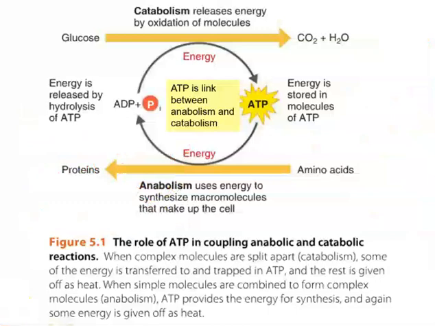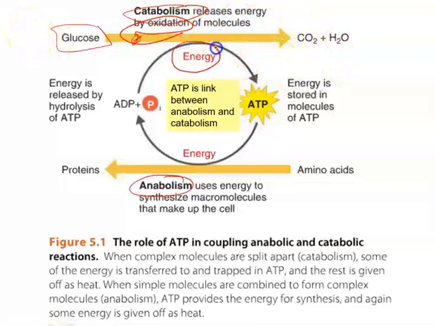We have two sides of metabolism: catabolism and anabolism. Catabolism is primarily, as it's written for you, an oxidative process whereby we extract energy, or liberate energy, from the chemical bonds of foodstuffs like glucose, which we can eat, and we recapture that chemical energy in the bonds of ATP.